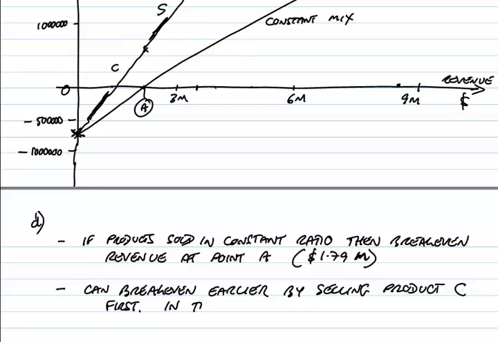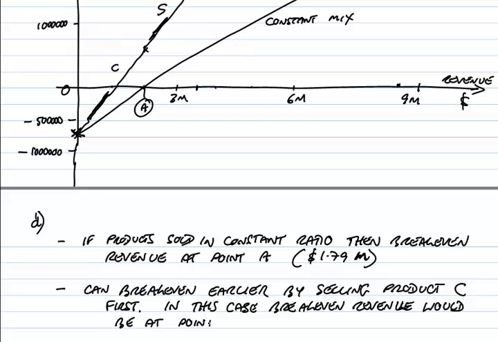In this case, break-even revenue would be at, well, again, I'll label it, that point there for zero profit at point B.